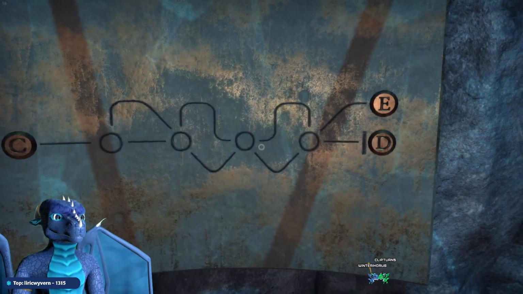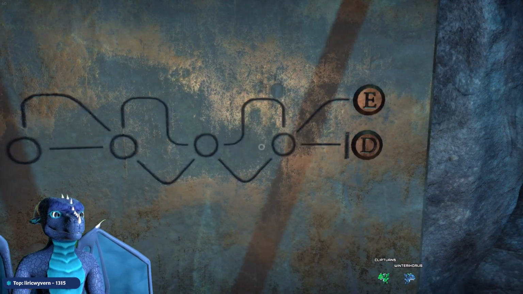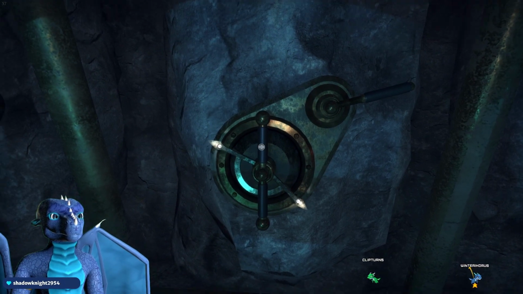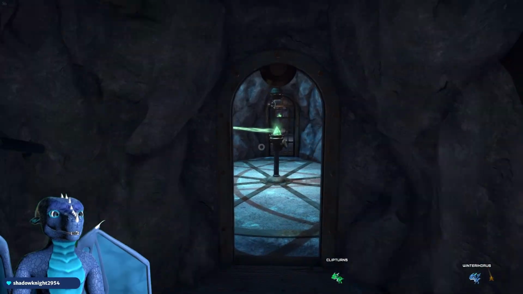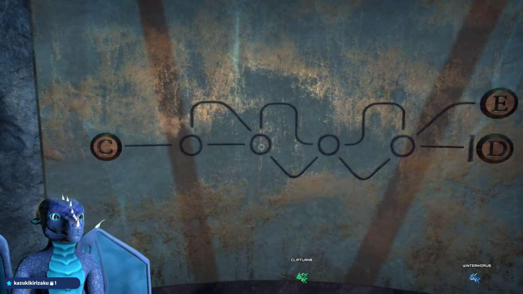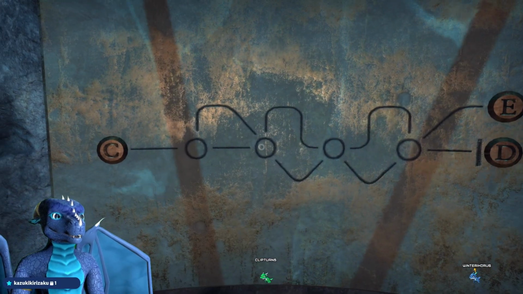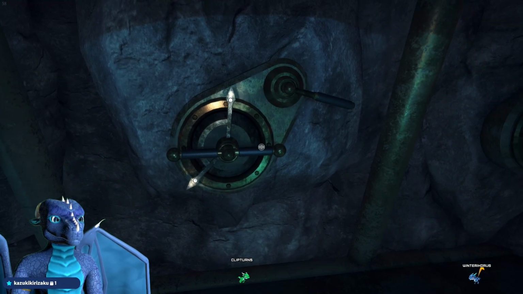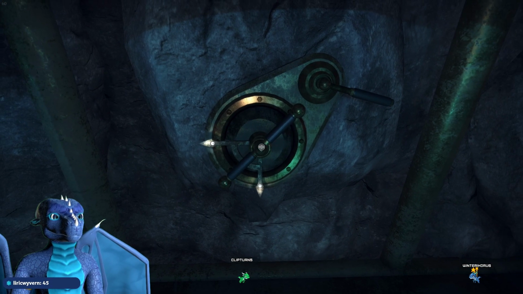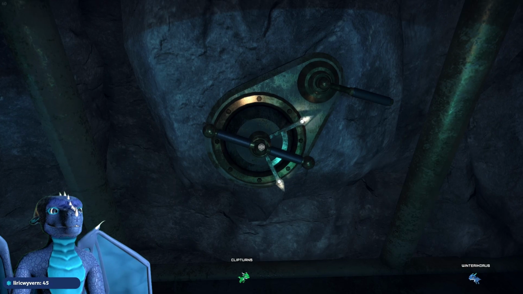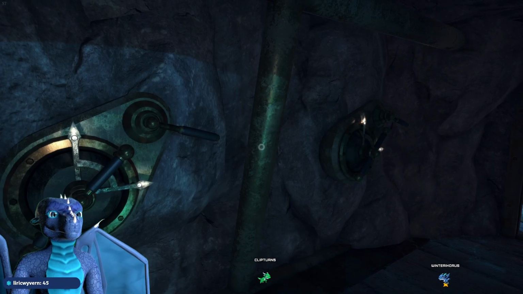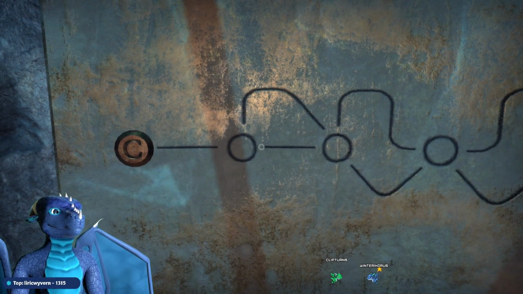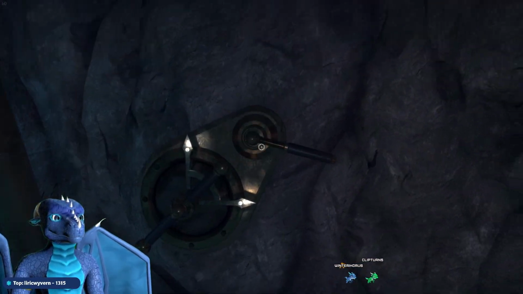And then for the next one, it's going to be a straight across side to side. Like that. And then for this one, it's going to be a right angle side to top. And then for this one, it's going to be a straight line side to side.